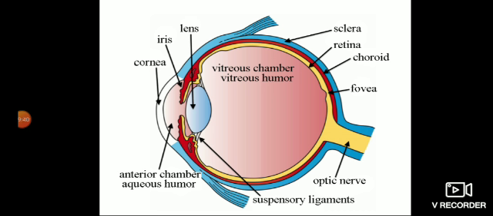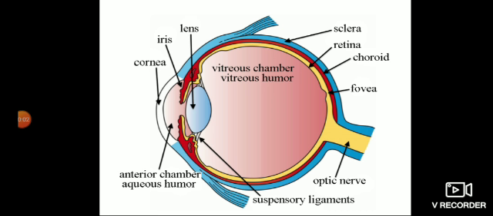In this diagram you clearly see the cornea, iris, lens, sclera, choroid, retina. Retina, you see the innermost layer. Three layers you can see: sclera, choroid and retina.